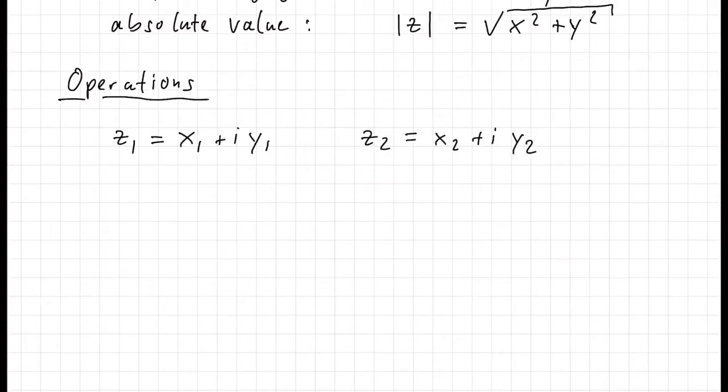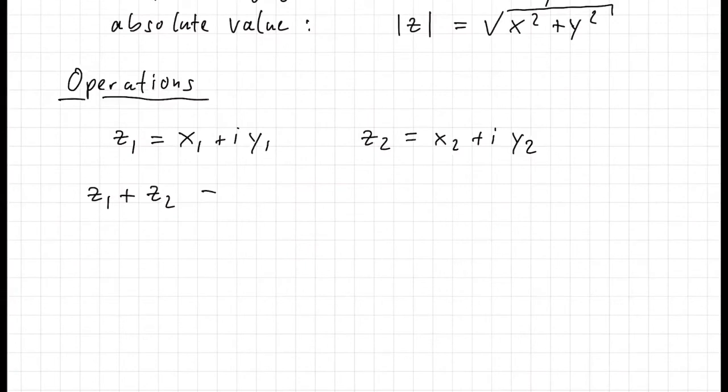For these two complex numbers, we can now define, for example, the addition. So we have z1 plus z2. And as I told you, you can treat this imaginary unit i just like a variable, and that's also what we can do here.